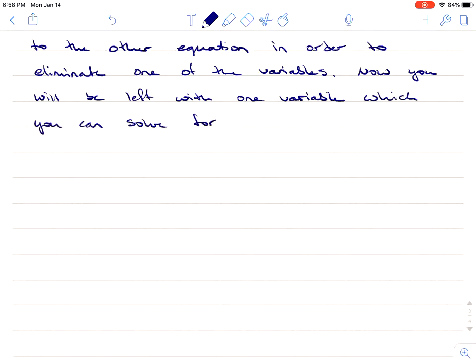Then use that solution to solve for the other variable.